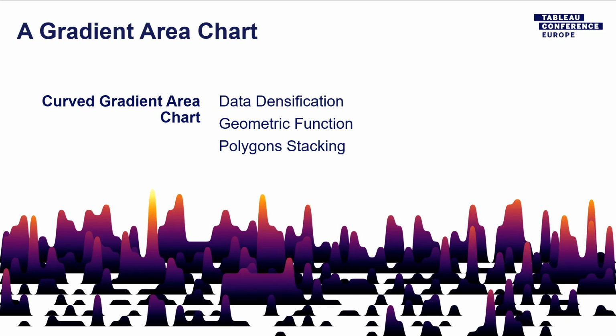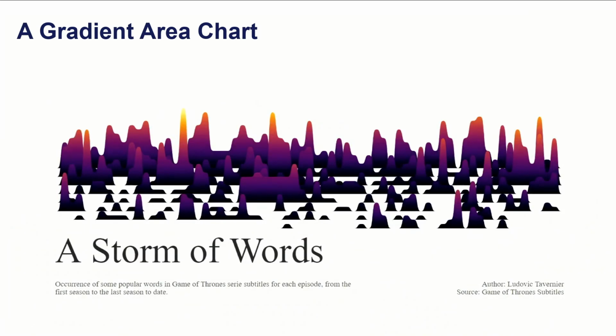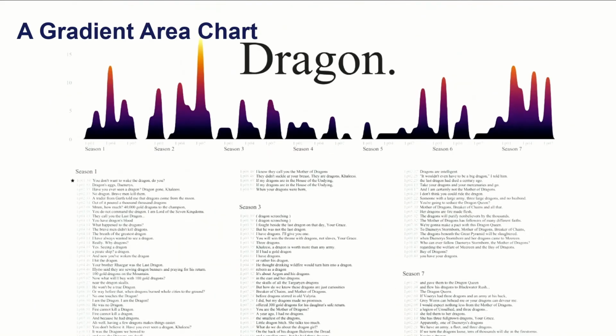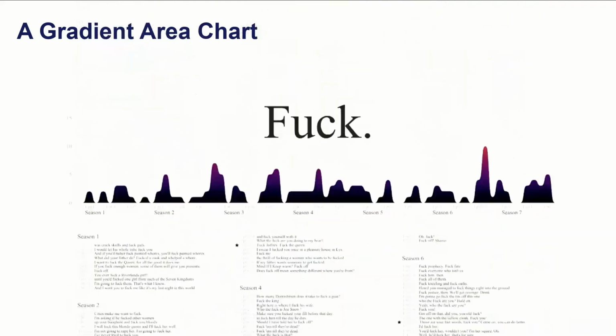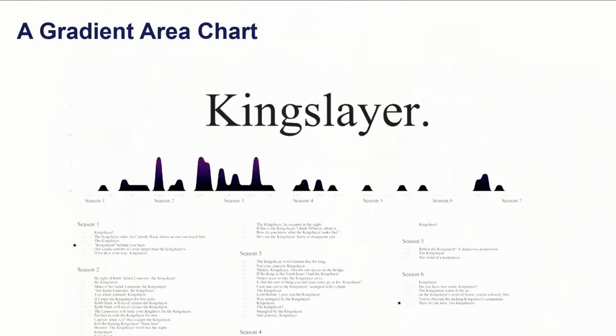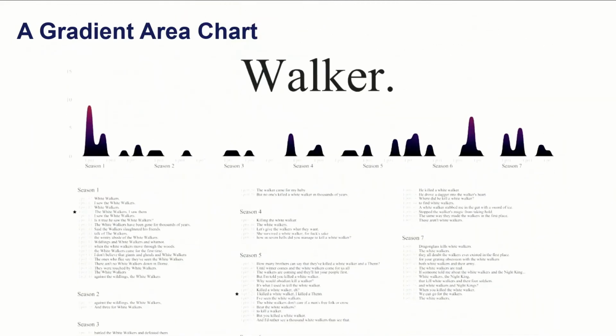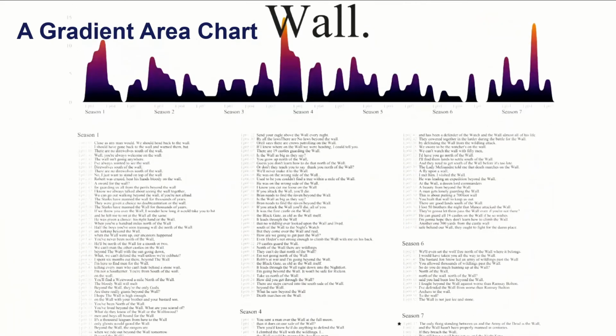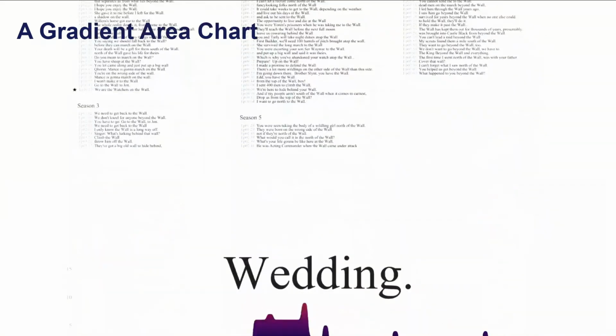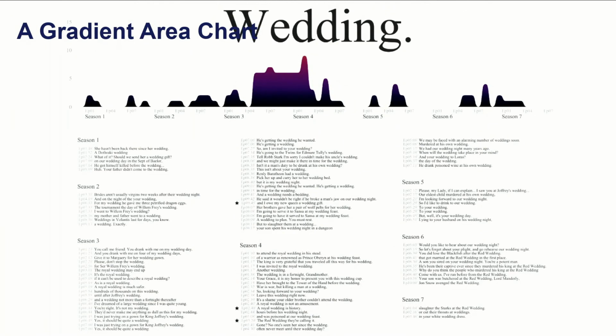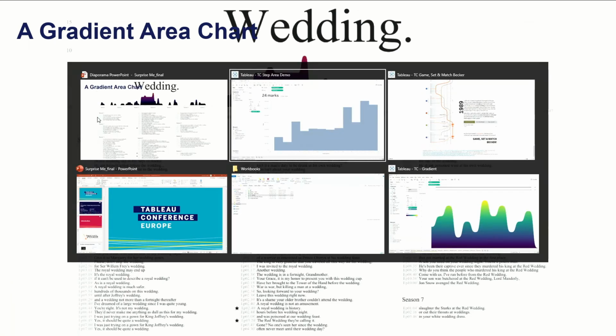I used it in a Game of Thrones visualization where I visualized word occurrence by episodes with some popular words, as you can see, like Kingslayer, wall, wedding, no spoilers, but that's pretty much it. Okay, so I will show you how I did that in a live demo.